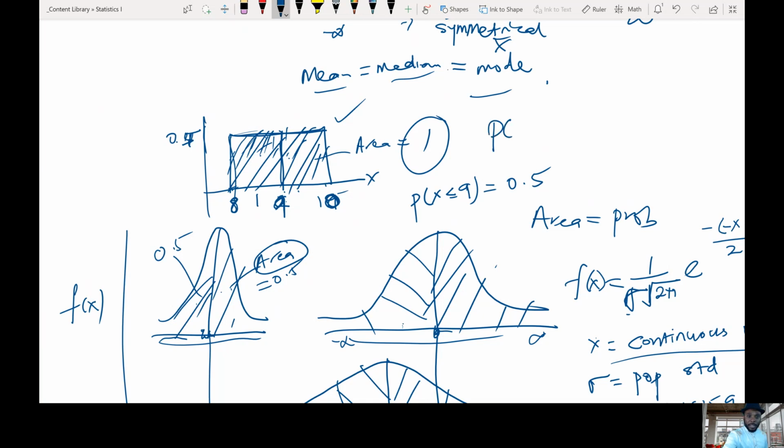What's the probability that x equals 9? That's simply the area of this line. What's the area of the line? The base is 0, the height is 0.5, so 0 times 0.5 is 0. So the area of the line is 0.